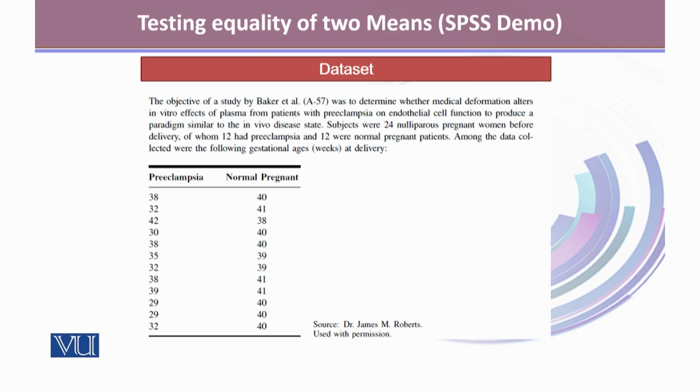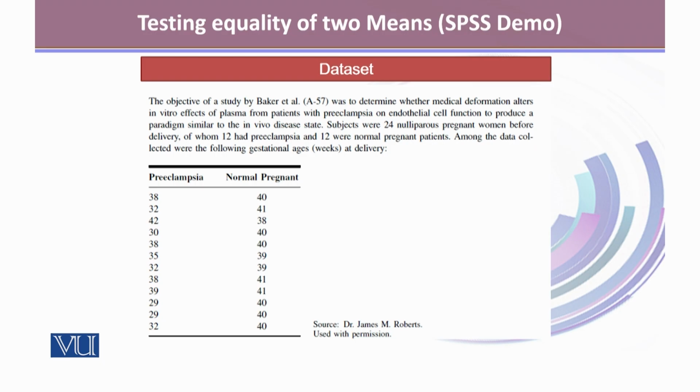For this, let's take an example where we're looking at the data where the objective of the study by Becker et al. was to determine whether medical deformation alters in vitro effect of plasma from patients with preeclampsia on endothelial cell function to produce a paradigm similar to the in vivo disease state.